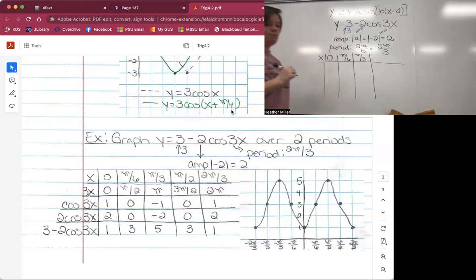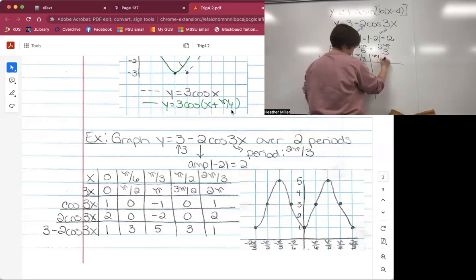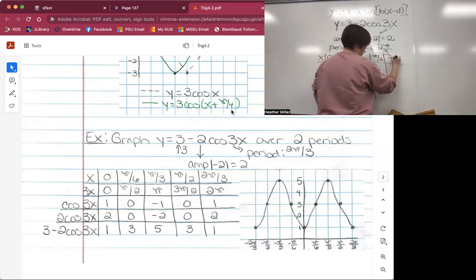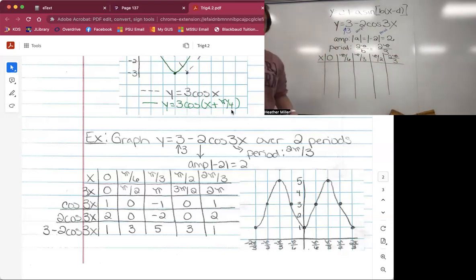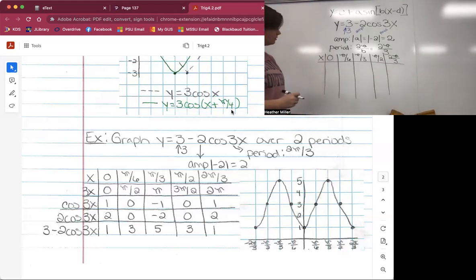Then I would take 2 pi over 3 times 3/4, which will give me pi over 2. And then I end with the 2 pi over 3. So those are my different intervals. These are going to be my x values that I plot.